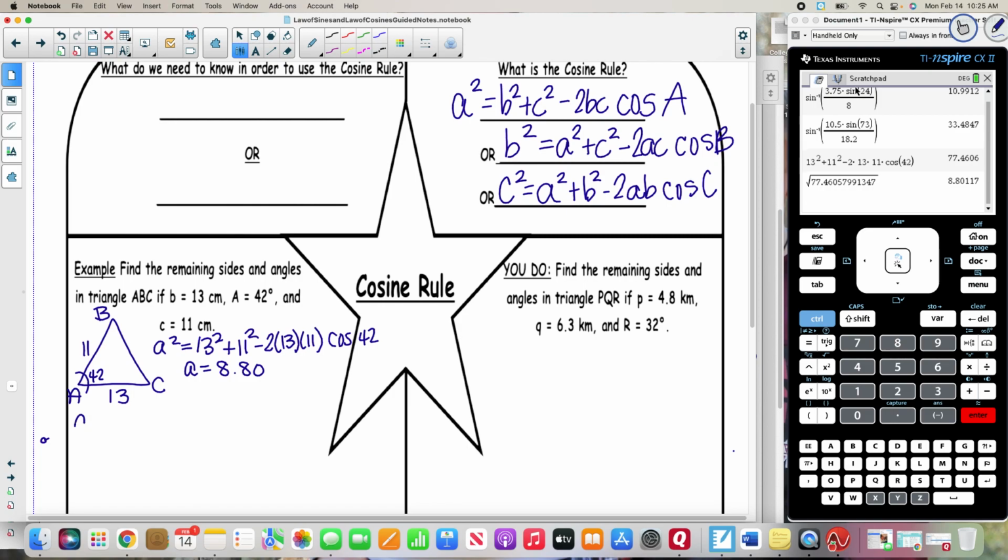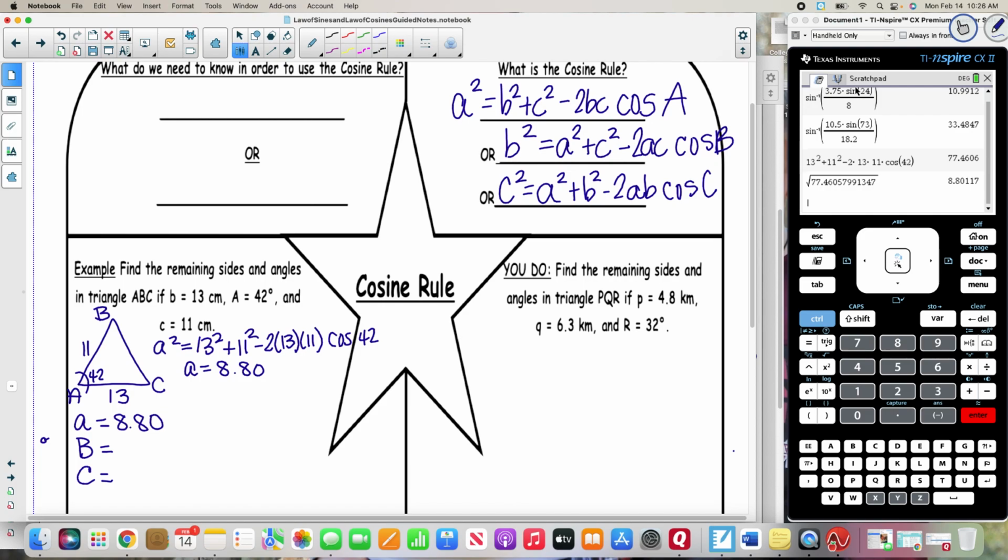Okay, so we need little a, and then we need angle B and angle C. Do we now have an angle measure and the side across from it? Yes. So what can we do? Switch to law of sines. You can do law of cosines again and solve for an angle measure, but law of sines is really easier.